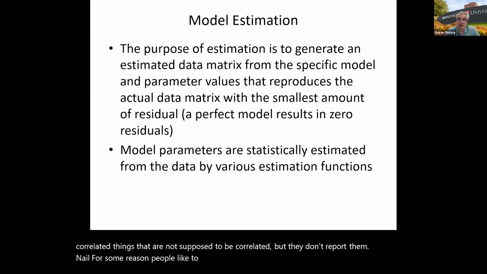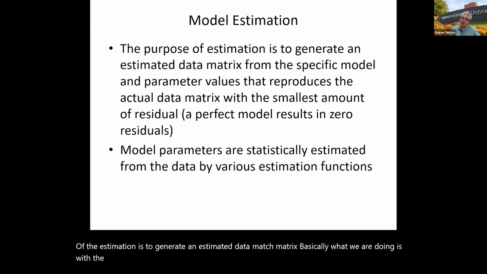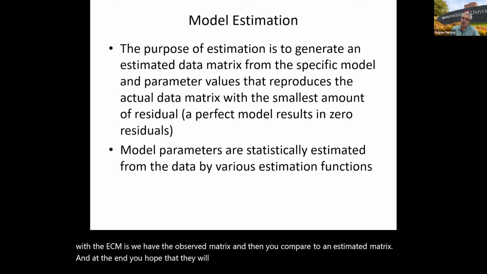So basically, the purpose of model estimation is to generate an estimated data matrix. What we are doing with SEM is you have the observed matrix, and then you compare it to an estimated matrix. And at the end, you hope that they will be similar.